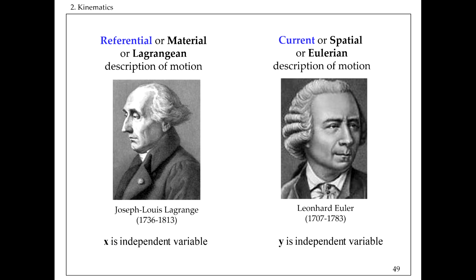Then you apply some loading, forces on the boundary, or body forces like gravity, and the body will deform into something that you don't know. If you don't know that, it's harder to describe where and what you applied in the deformed state. So that's a motivation to go with the Lagrangian description.